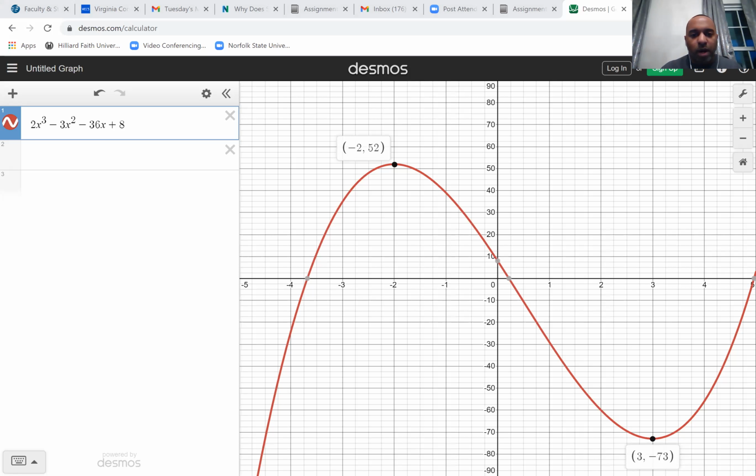I think you just want that y value. So -1. Relative maximum at -1, 2.